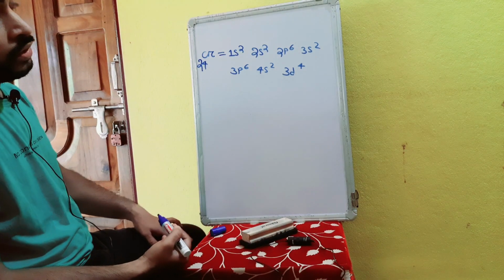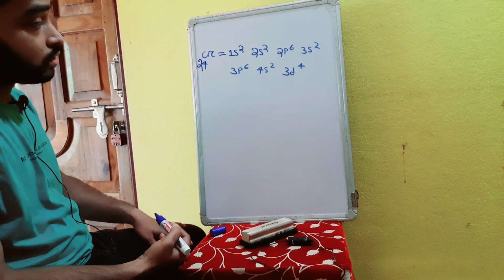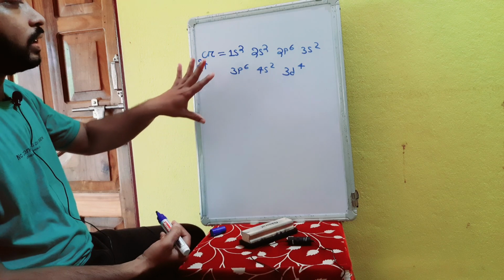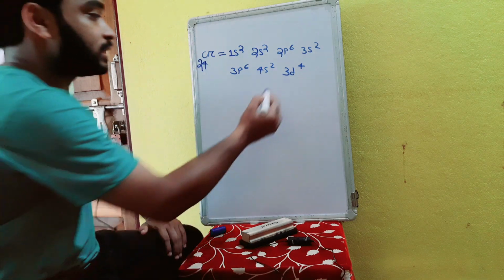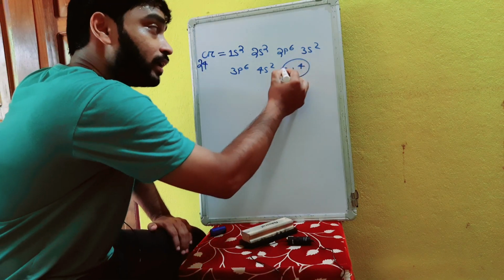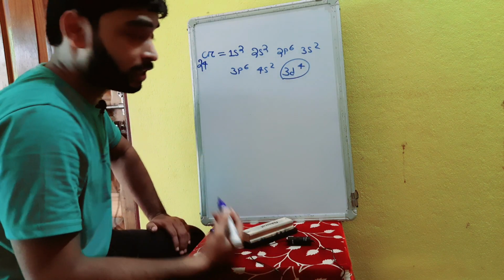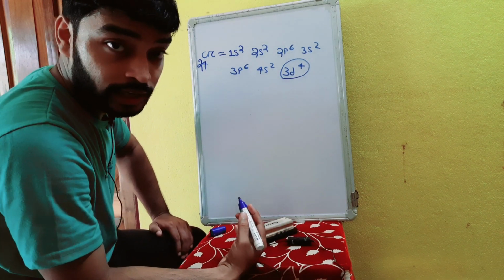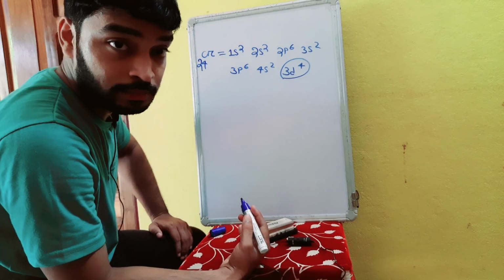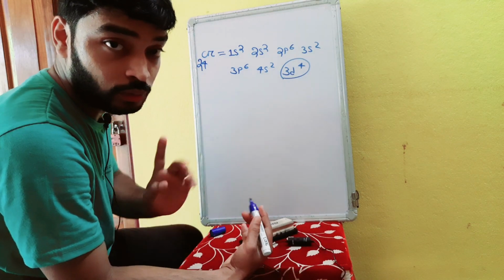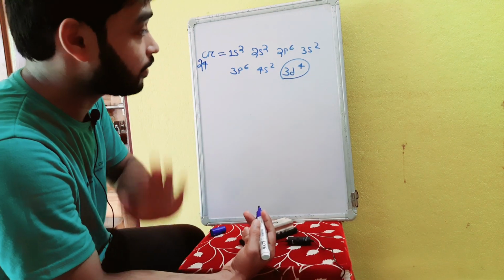So the electrons present in the 3d orbital are nearly half filled. That means the d orbital has the tendency to possess a maximum of 10 electrons according to the 4l plus 2 rule, which I have told.